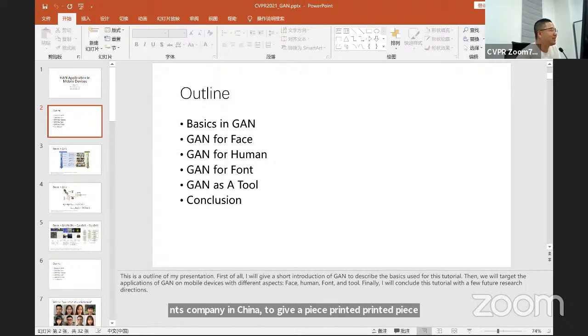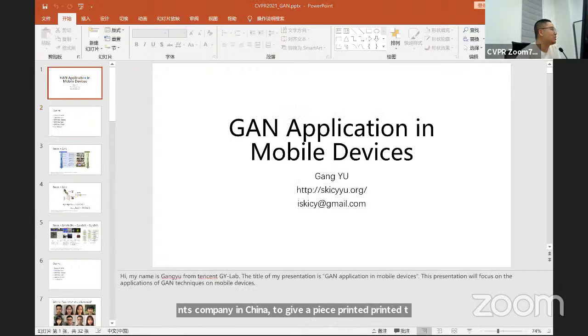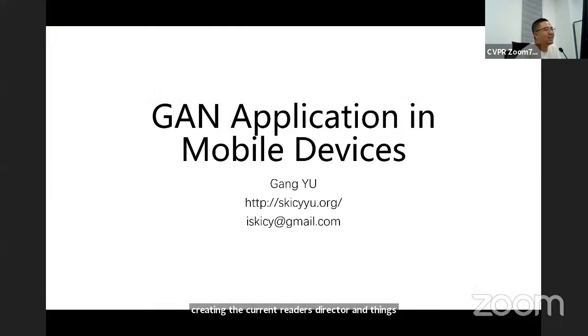Before his presentation, I will first introduce Dr. Yu Gang. He is currently a research director at Tencent, and he received a PhD degree from the Nanyang Technological University, Singapore. Before joining Tencent, he was a team leader in MakeV, leading the development of detection and augmentation techniques for mobile and embedded devices. He has published more than 30 papers in top journals and conferences.